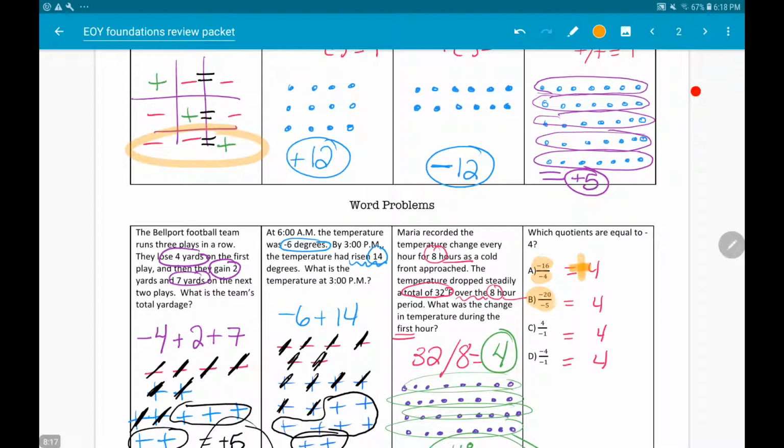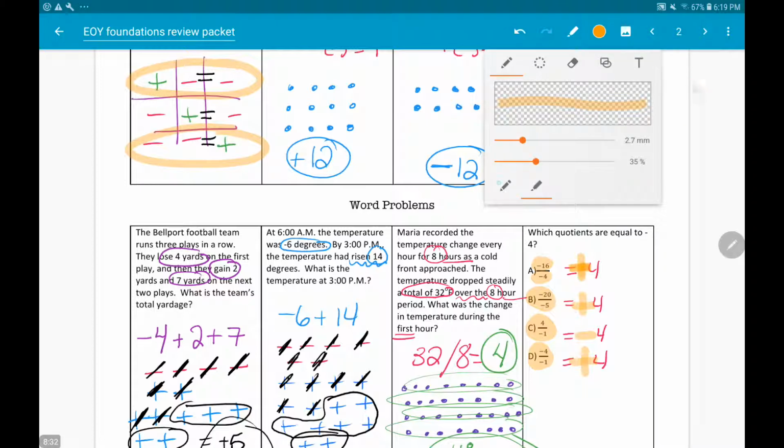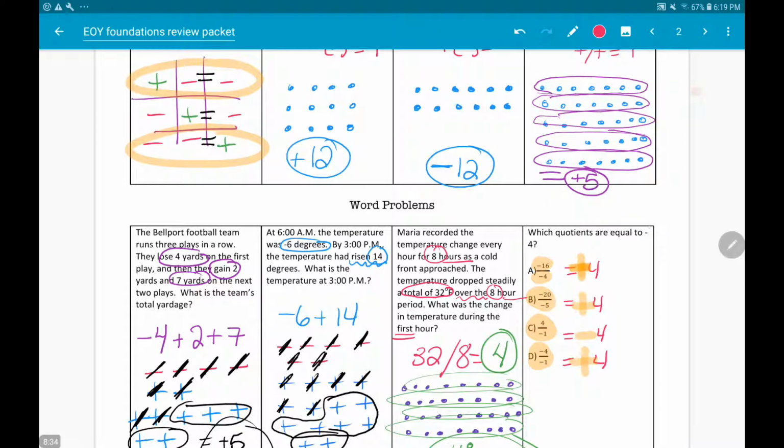The second one is the same thing. 2 negatives make a positive. The third one is a positive and a negative. So that's this first row. That means it's a negative. And the last is a negative and a negative, so that's also a positive. So the answer choice that gets me a -4 is choice C.